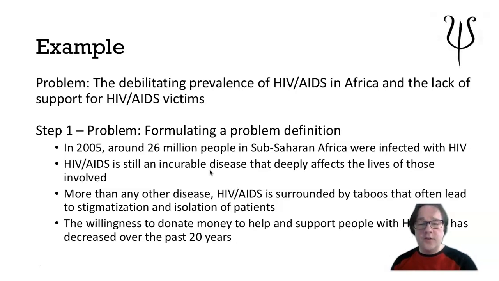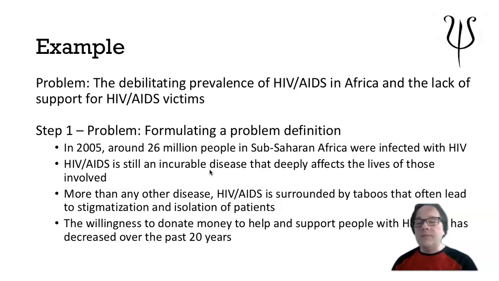So the willingness to donate money to help and support people with HIV/AIDS has decreased over the past 20 years. And there, we can talk about some of the reasons why that has happened. Part of it is that people don't see HIV/AIDS as being as serious as it once was. And there's an argument to be made that lifespans and quality of life are improving. New medications are coming out. We keep hearing about a potential vaccine, so maybe people think, okay, it's not as bad as it was.